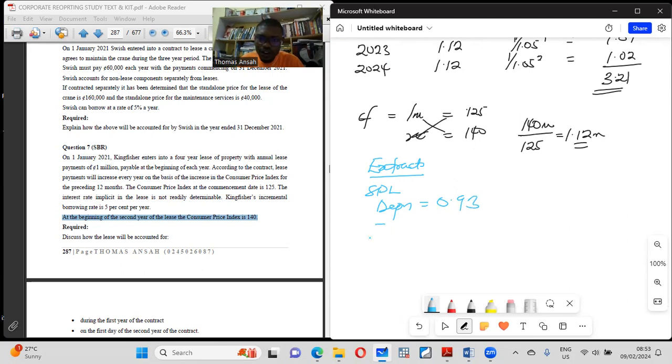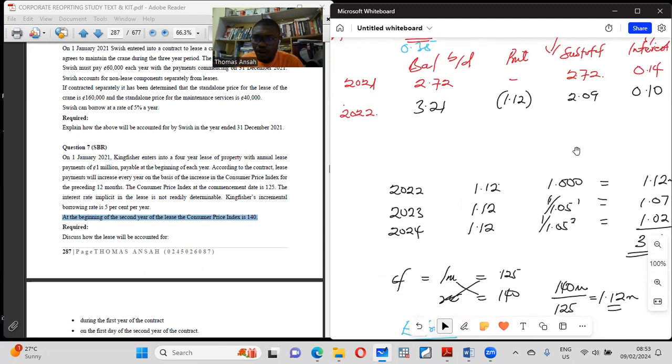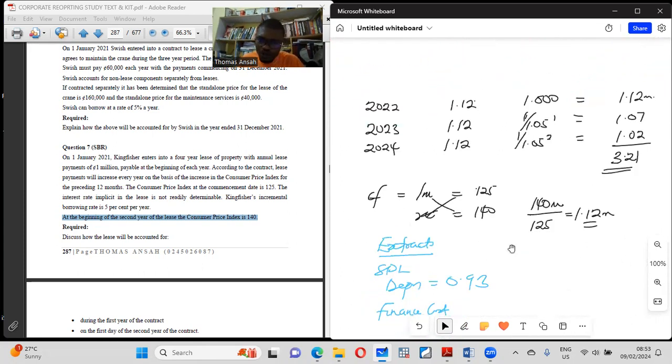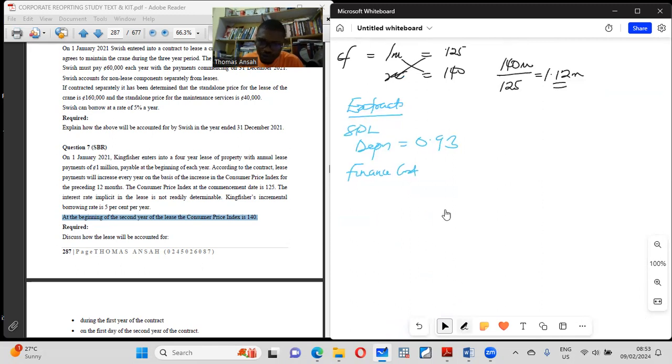We also have finance cost. What is our finance cost for that year? 0.14. These are all P&L items inside what we are doing.